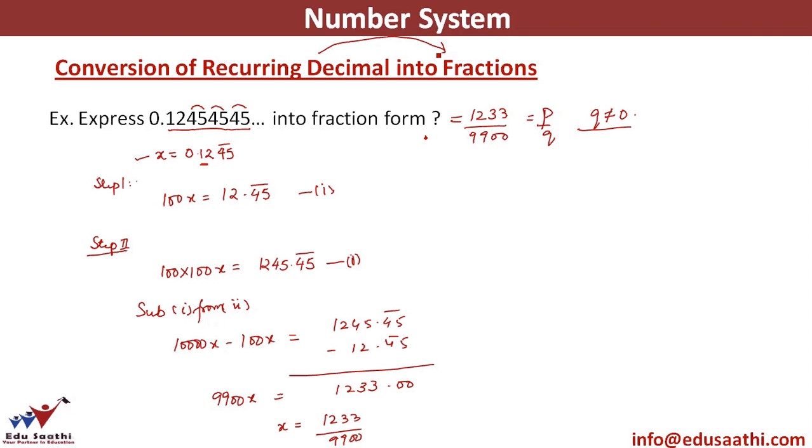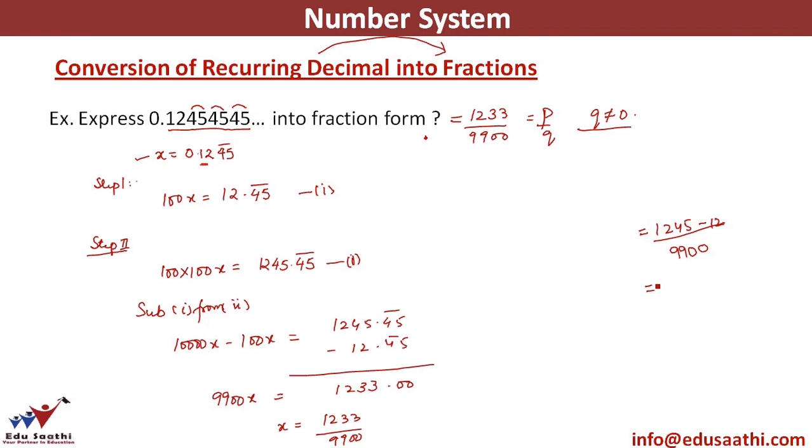Now if you have to do it in a shortcut, we do it like this. The numerator is the entire number written as such, all the digits, minus the non-repeating part, which is 12. The denominator is the number of 9s equal to the number of repeating digits, followed by the number of zeros equal to the non-repeating digits.